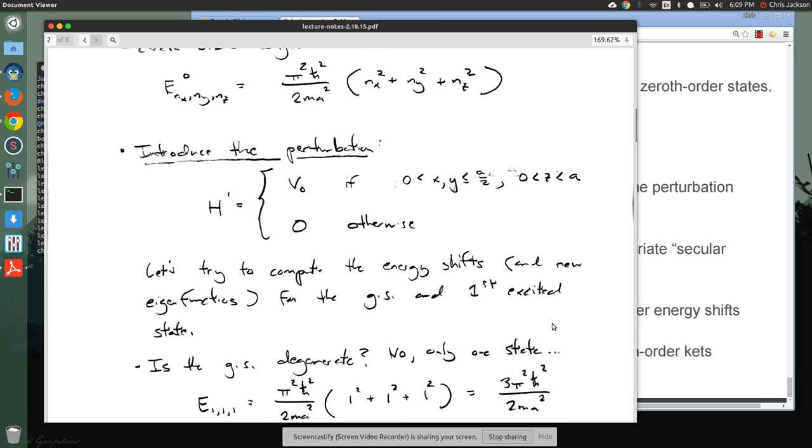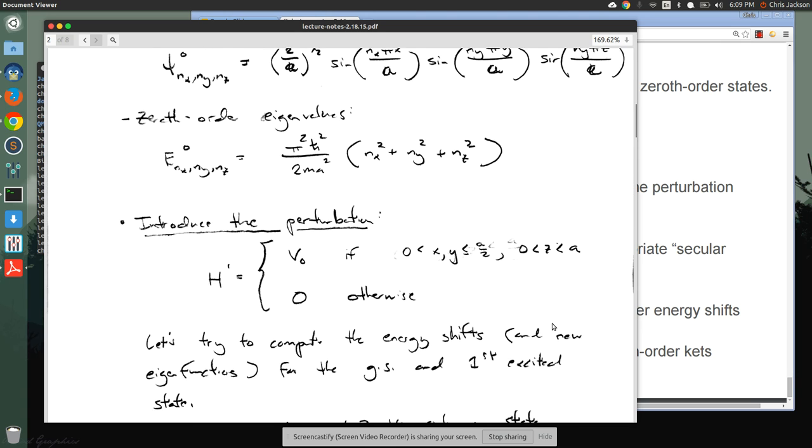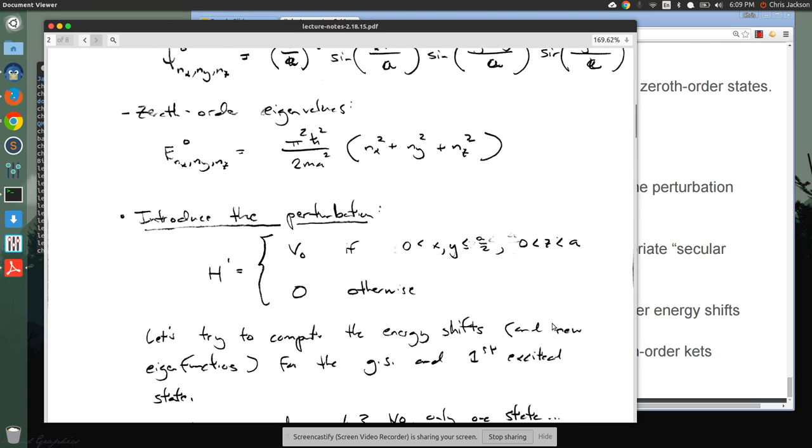So hopefully you're back and you drew a picture and now you totally understand this. Let's compute the energy shifts and the new eigenfunctions for the ground state and the first excited state. For the ground state, first we ask ourselves, is the ground state degenerate? Well, the ground state is the state with nx, ny, and nz all equal to 1.